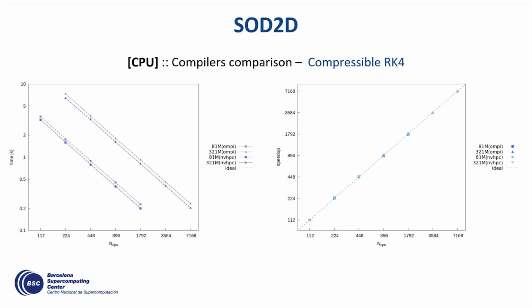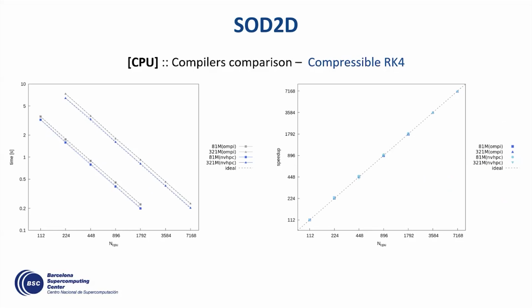And then all the results that I showed you until now were for GPUs. But what about CPUs? Because we want to run in heterogeneous clusters, sometimes we run in CPUs. So these are the results. Ideal scalability. Why? Because here we do not have the effect of the load ratio on the GPUs. So basically, you are seeing here that the strong speedup is almost ideal.